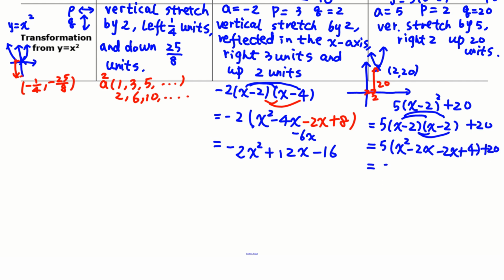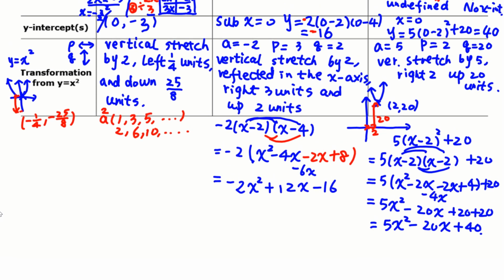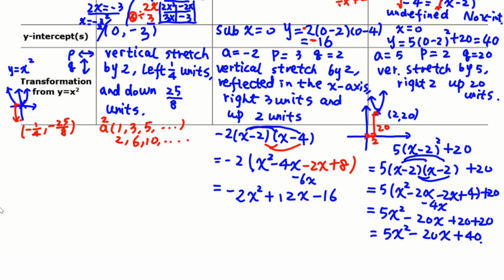You will have 5x squared, minus 2x minus 2x is minus 4x, then times 5 gives you minus 20x, plus 20 plus 20, you have 40, then it's done. So just expand factor form or vertex form and you are going to be able to have the standard form. So that is one chart including all the conversions, all the information that you can get from each form.